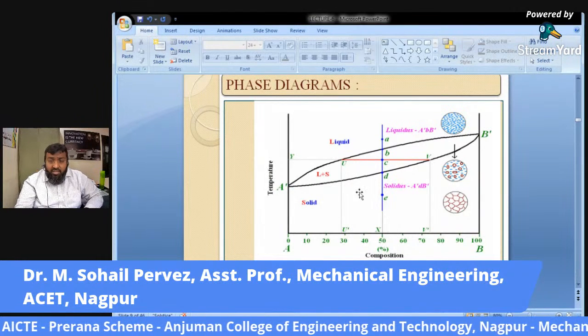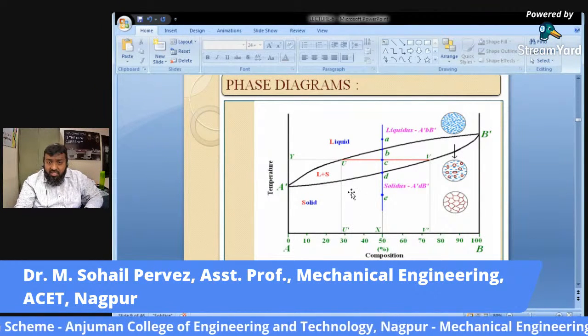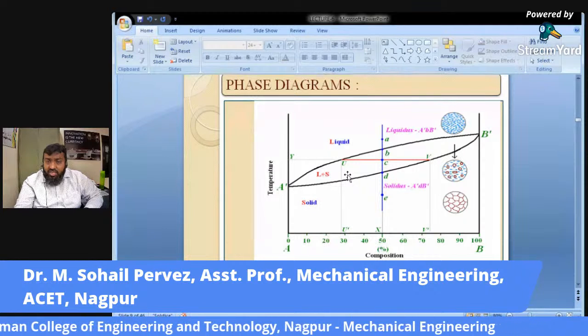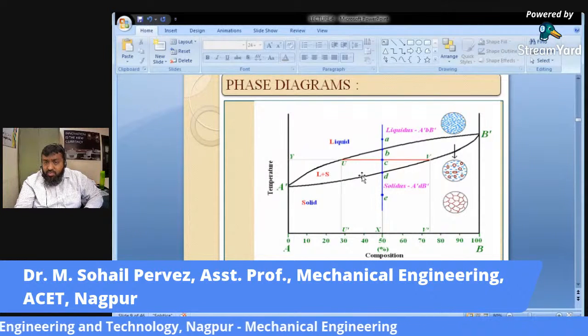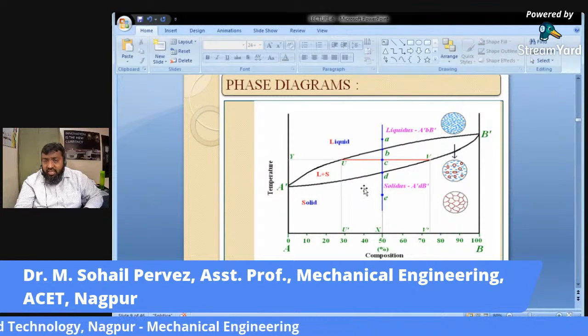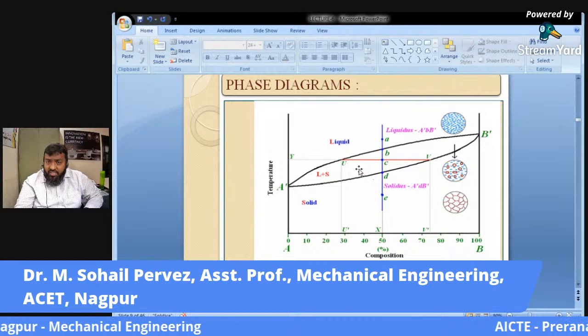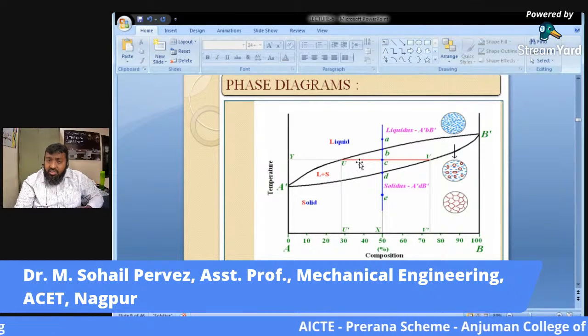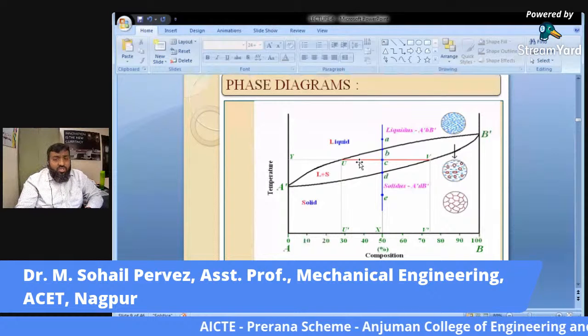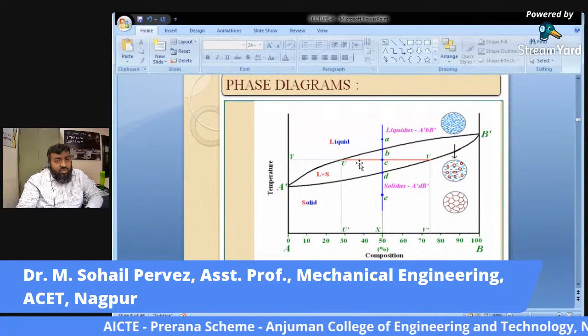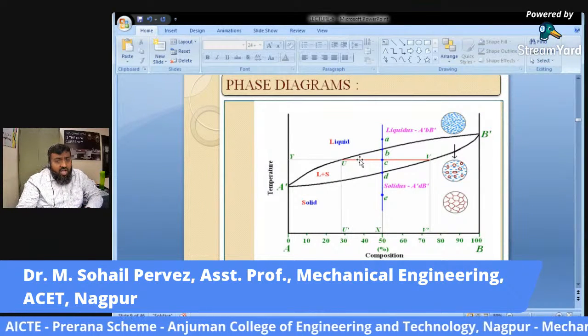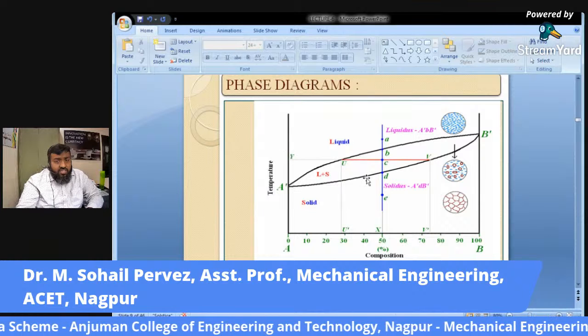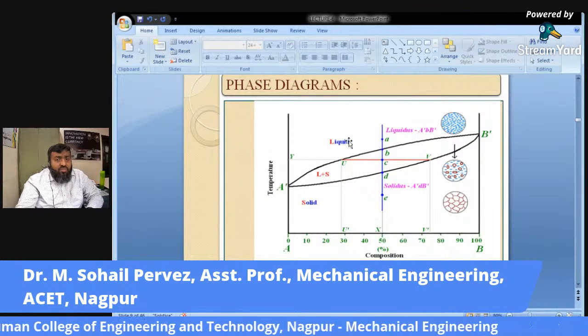It means that from here to here, the liquid is gradually shifting into solid state, and the liquidus line shows that the leftover solid portion, the components which are solid right up till now, after the increase of temperature will now transform into liquid state.